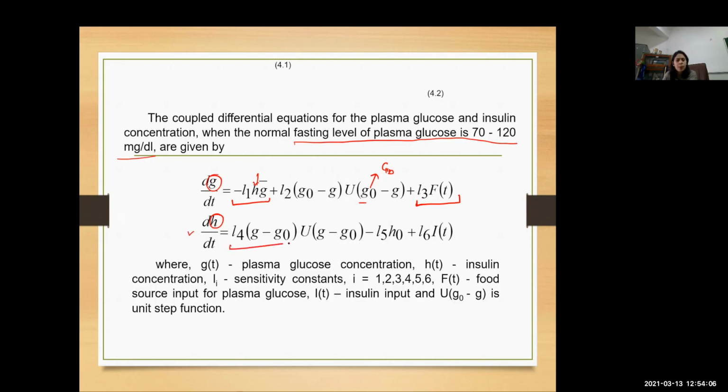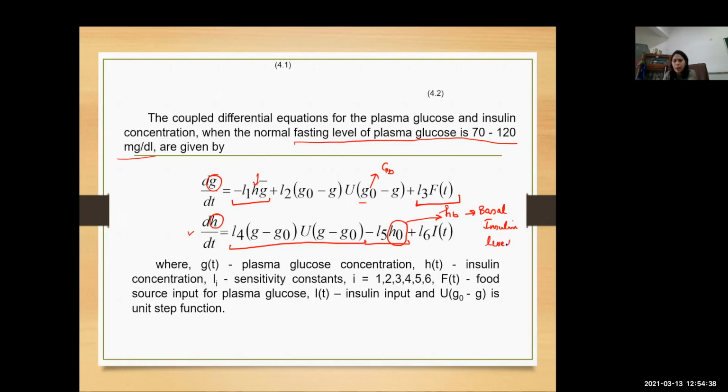Now this insulin will be produced only when G is greater than G naught, that is GB. Then this is the self degradation of insulin, and it has been modified so that self degradation will happen till H0, where H0 is what some research papers call HB, that is the basal insulin level.